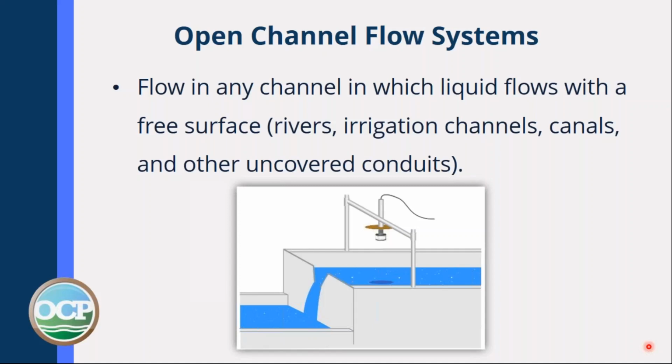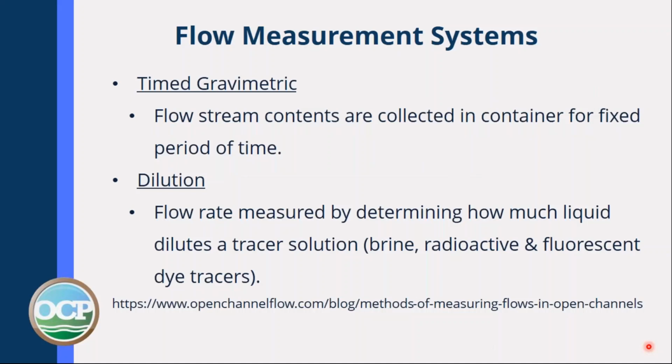So if you think about rivers and canals, anything else that's uncovered, those are what we will call open channel, and the ways in which we measure the flow in those are slightly different than a closed channel or a pipe. So, a little introduction to how we measure flow.